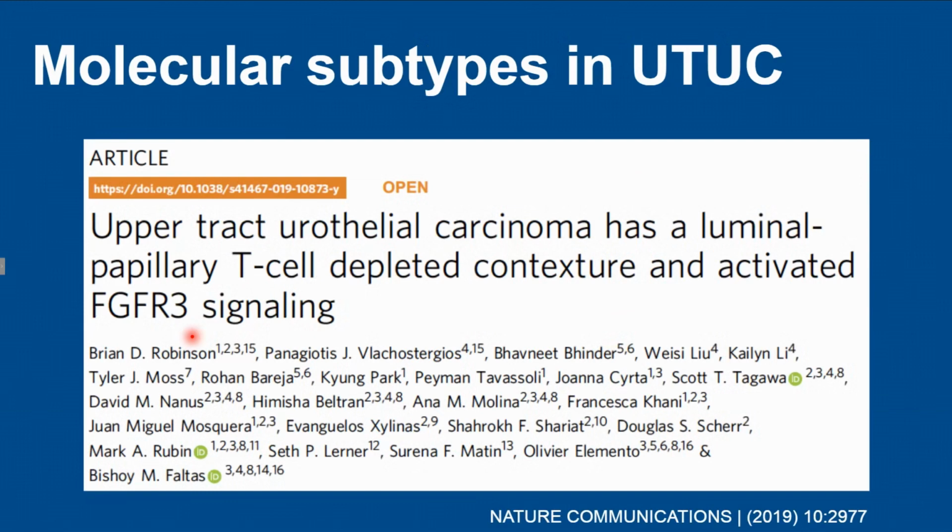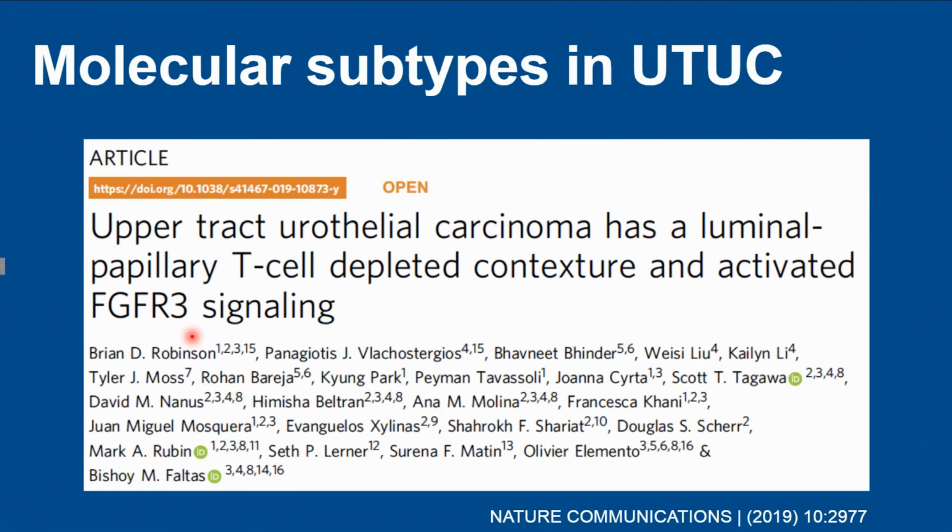And this most recent paper here from Bishoy Faltas' group at Cornell has looked at the RNA level as well as the DNA level, and they've noted that there are more luminal papillary tumors in upper tract.